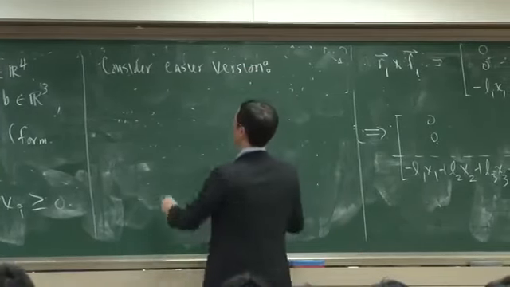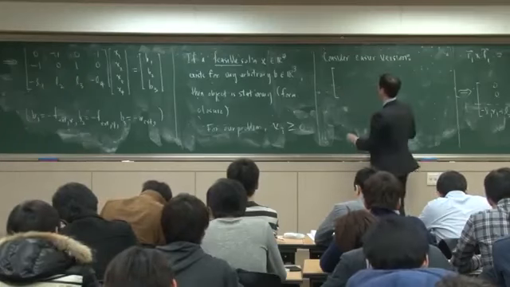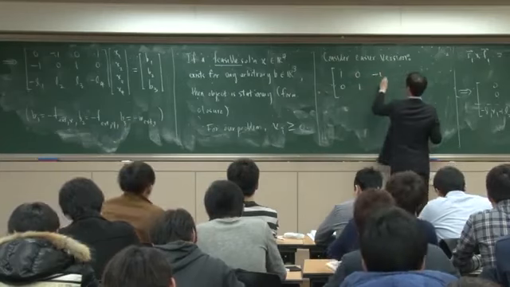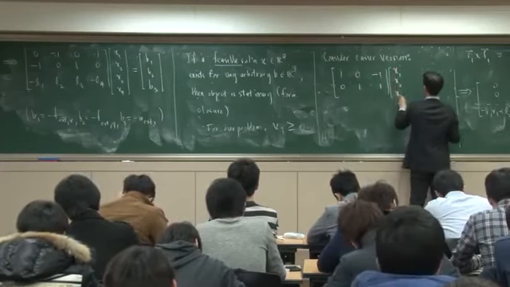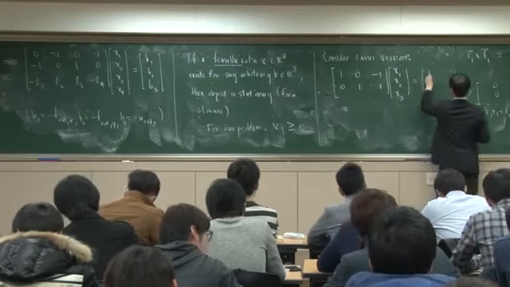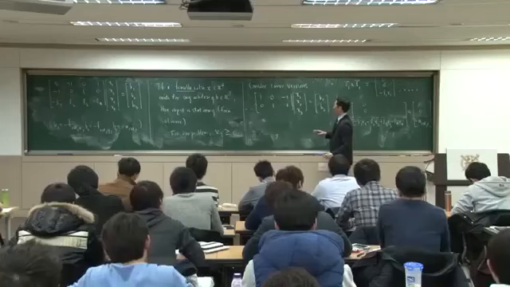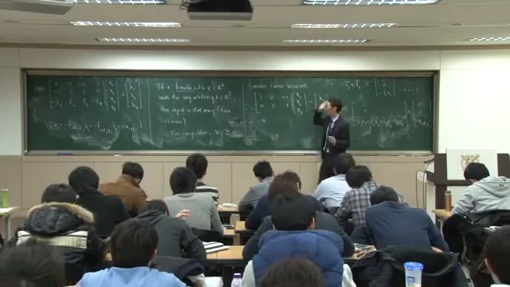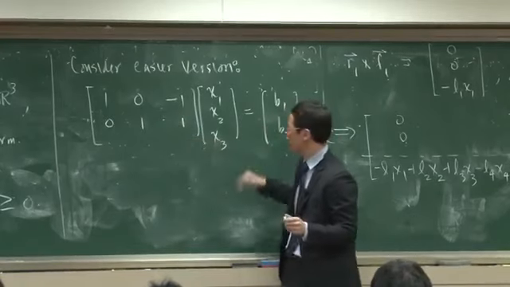So let me consider matrix A of the form 1, 0, 0, 1 and minus 1, 1. So here's x1, x2, x3 equals b1, b2. Now let's apply the same question to this equation.